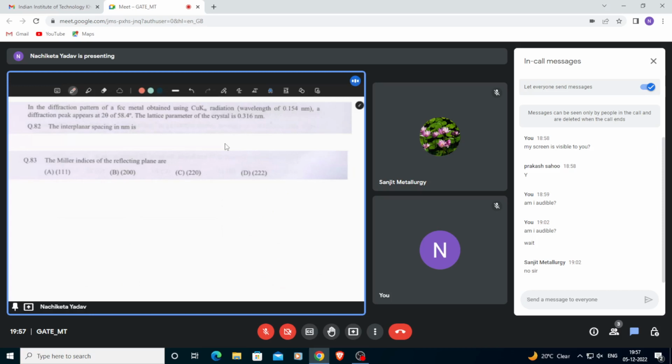This is important. From Bragg's law, we know lambda equals 2d sin theta. So you just put all the values. This is d, the interplanar spacing.